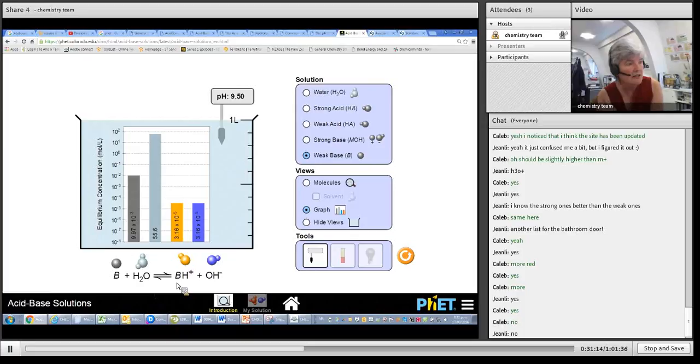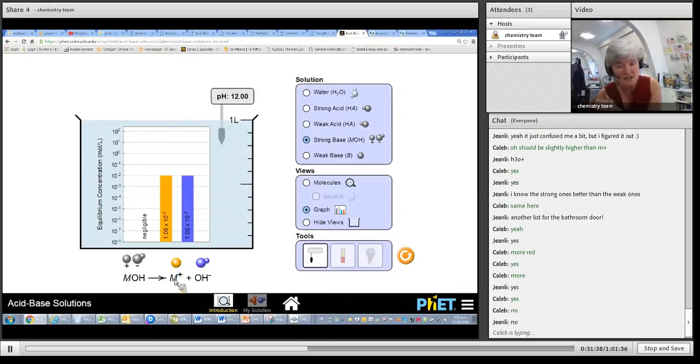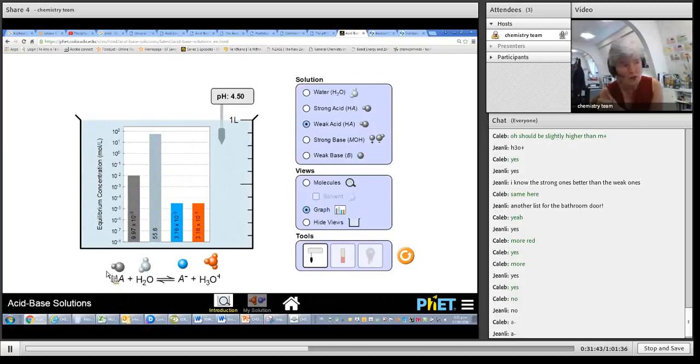If I did a strong base, then this would be the base and the conjugate acid would be the M+. It doesn't really work very well with bases, but anyway, the weak acid, if that is the conjugate acid, then which of these two would be the conjugate base? The A-. And the same thing for the strong acid. If that's the conjugate acid, then its conjugate base would also be A-.